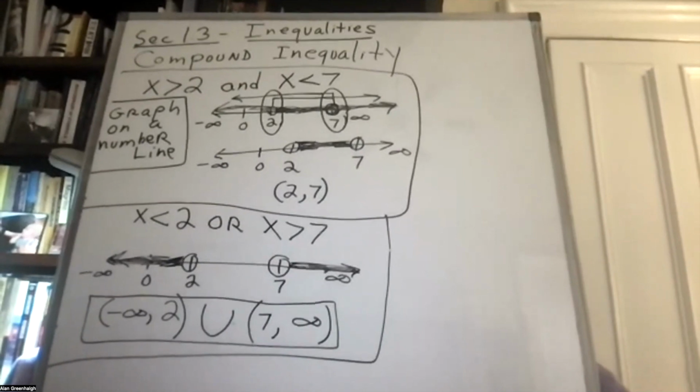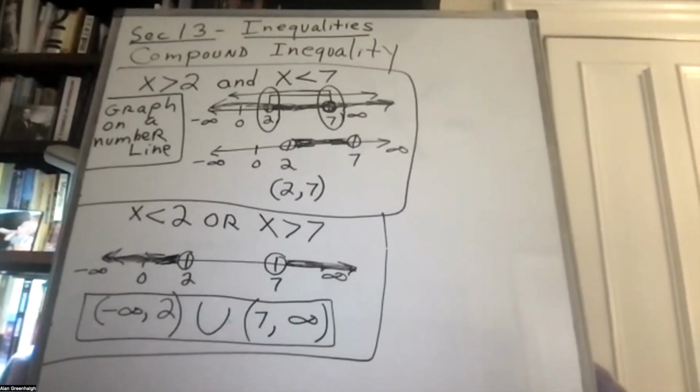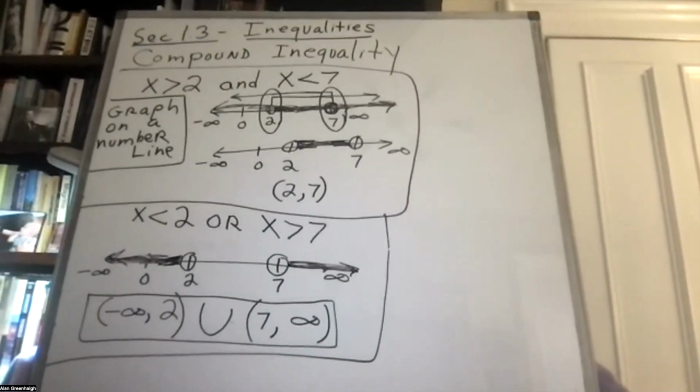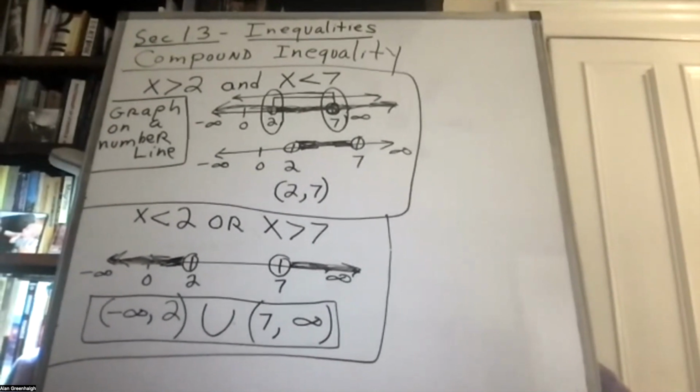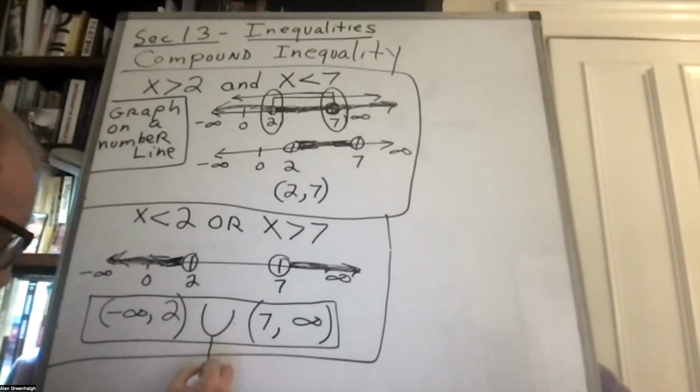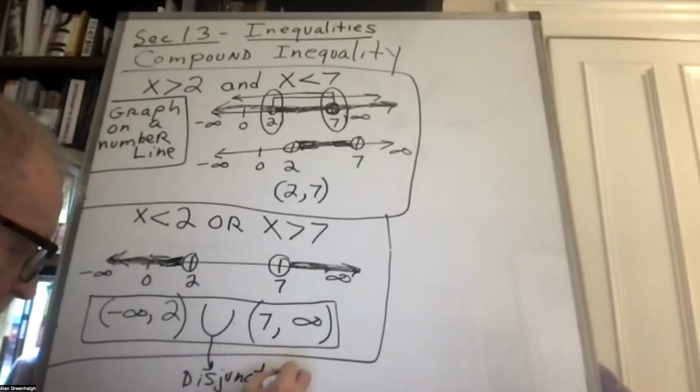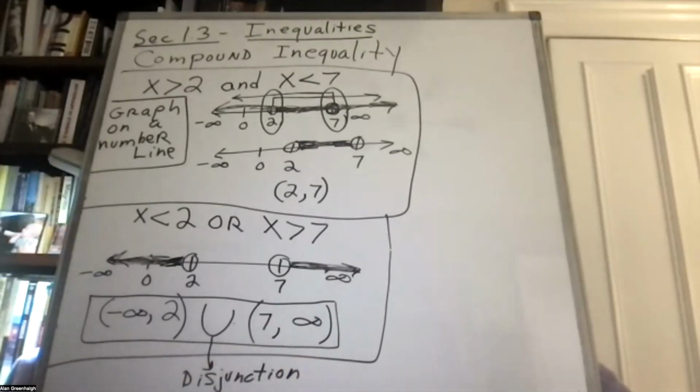Question. I would imagine, yes. So I know the U is put instead of or. Does that symbol have a specific name, or does it just mean or? It certainly does. It's called disjunction. You preempted me by about 15 seconds. Disjunction.